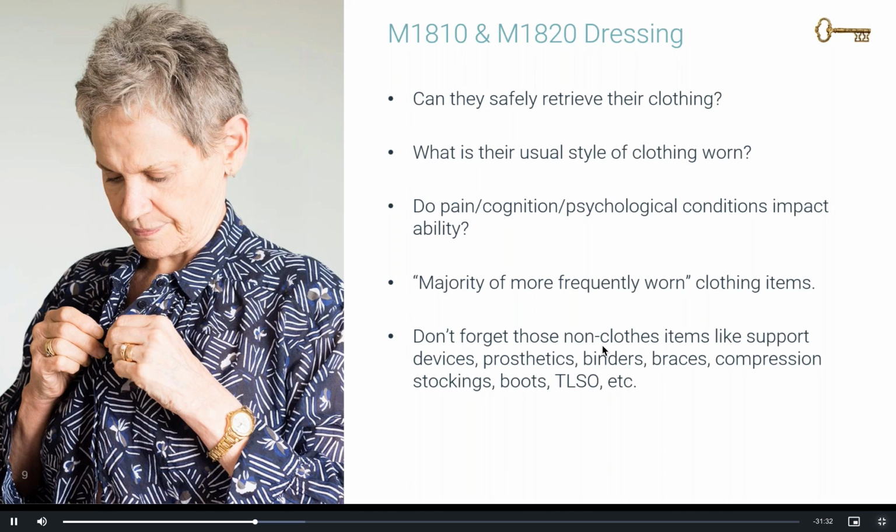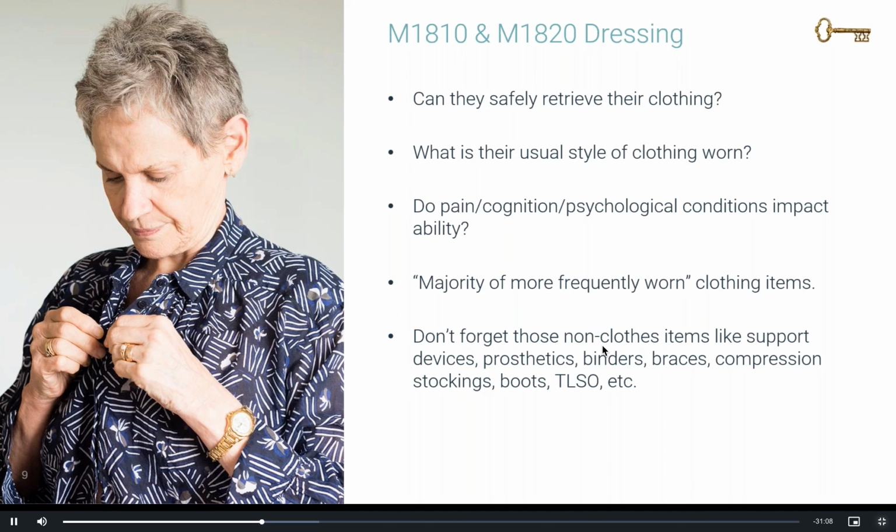And then think about what their usual style of clothing is to wear. Here's a perfect example. My mother's going to get her shoulder replaced, and she's thinking ahead. So she's thinking about, I'm going to go buy more button-down shirts where I can slide my surgical arm in easily, then put the other side on, and I'll be able to dress more simply that way. And she doesn't normally wear button-down shirts like that.